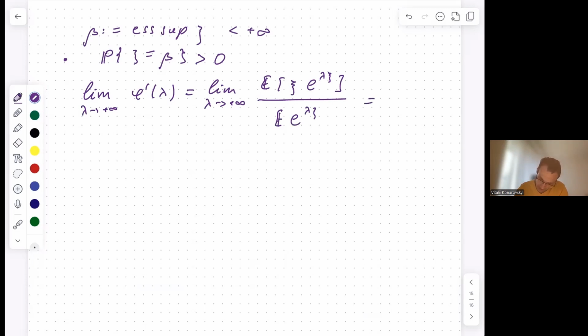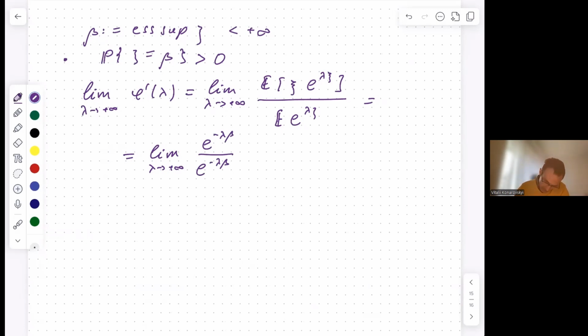It is equal to, and now let's multiply and divide by e to the power minus lambda beta. You will have here e to the minus lambda beta divided by e to the minus lambda beta, and then you have the expectation.